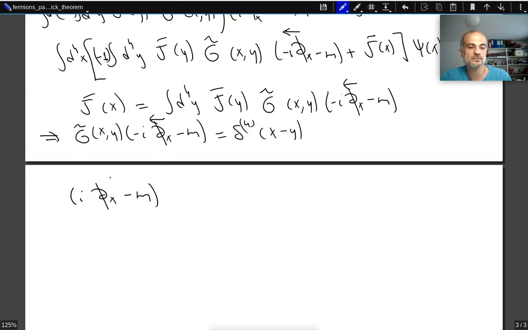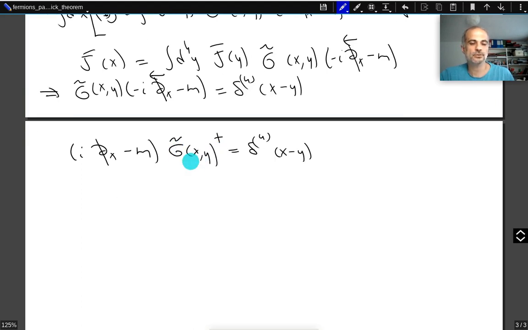Now the derivative is still acting on g, it's just the matrices have changed their position. So this is g tilde(x, y) Hermitian conjugate. This should be equal to Dirac delta 4 of x minus y.